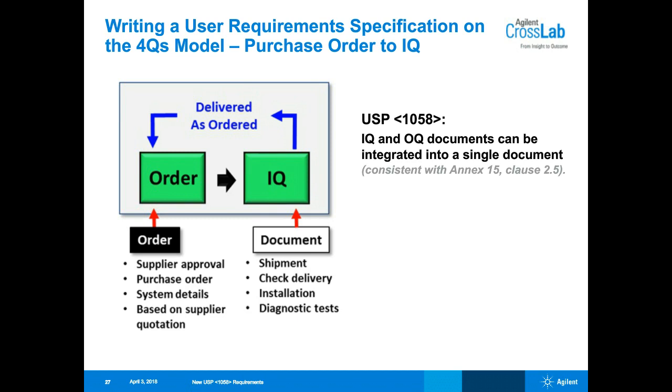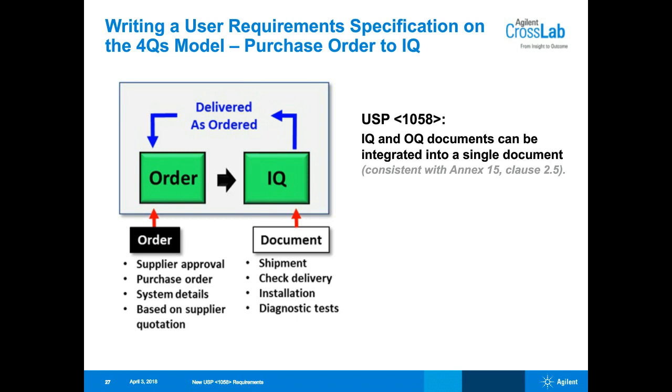You've got all the components, and the supplier's engineer will come in and carry out the installation qualification. It's important to understand that within USP 1058, we have the ability to merge documents together where appropriate.